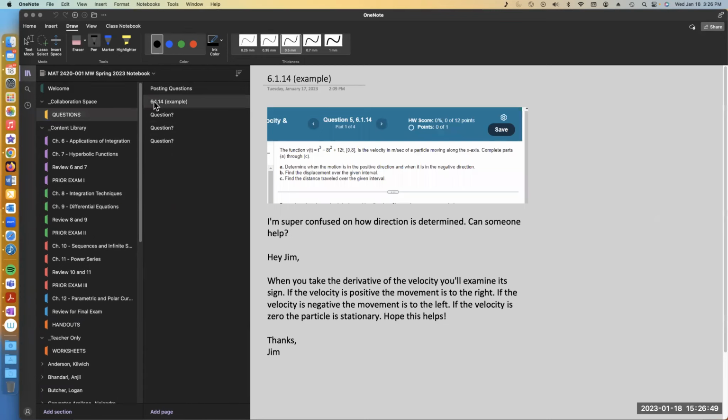And you're more than welcome to click on that. It's kind of slick because it just fires off an email that has a snapshot of the problem that you're working on. So I can see what you're working on. And it comes right to my email. So that's pretty easy. The downside of that is no one else can benefit from my response to you. It's just to you. And if three people ask the same question, then I have to repeat myself 3 times, which isn't terrible, but there's 2 other ways to ask questions.